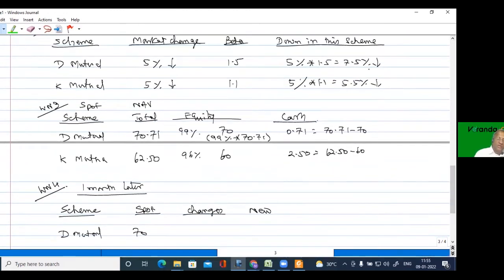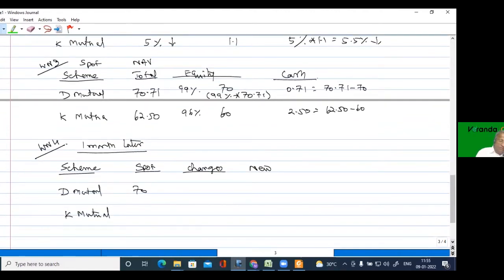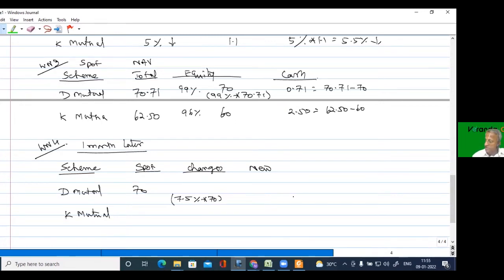What is that they have mentioned? 7.5% it will fall. 7.5% into 70, 70 into 0.075. That comes to 5 rupees and 25 paisa down.